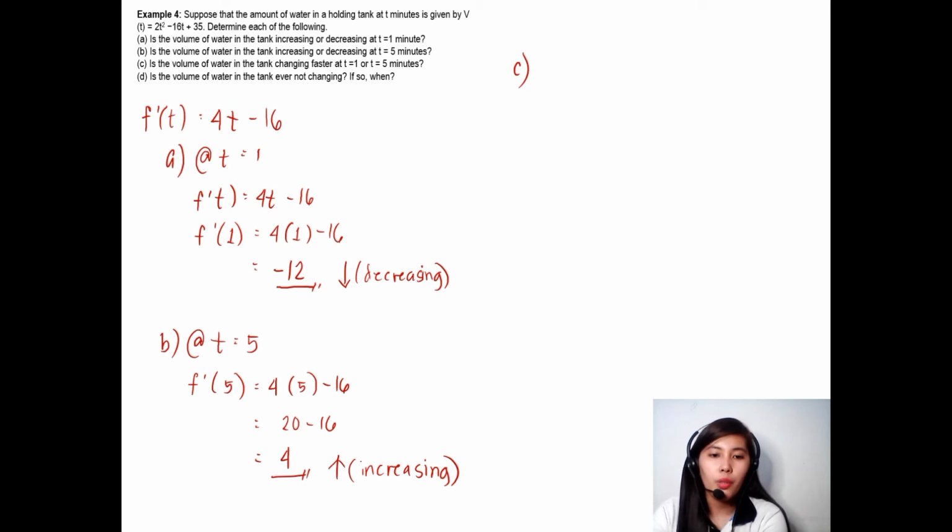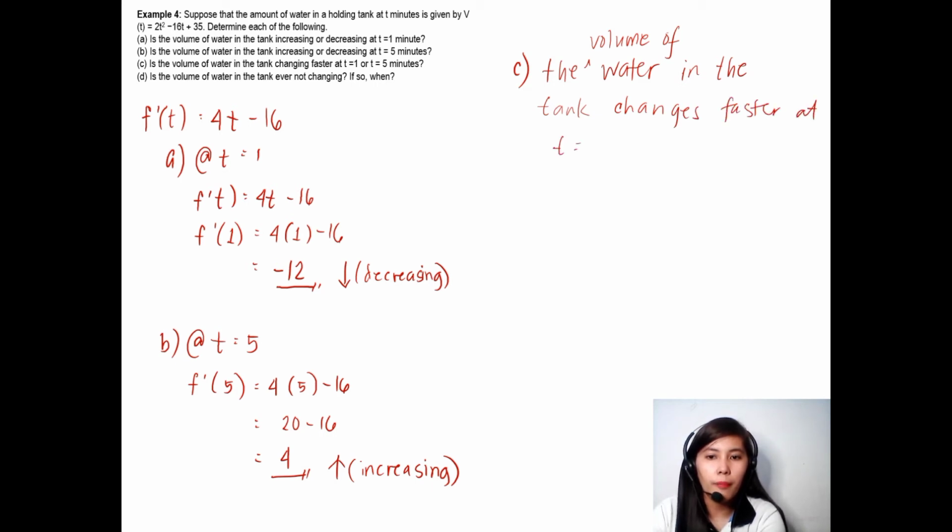Since 12 is greater than 4, the volume of water in the tank changes faster at t is equal to 1.